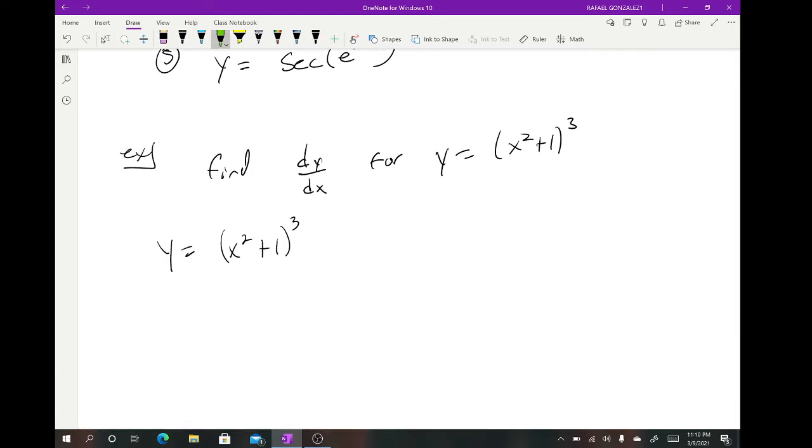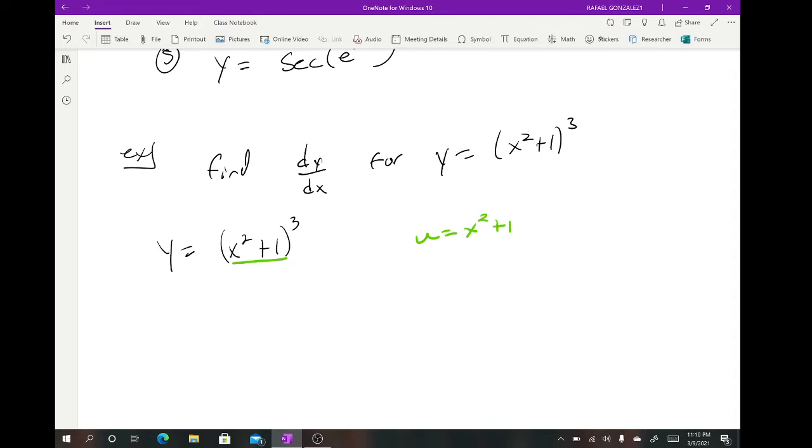So here, I can clearly see that my inner function is going to be x squared plus 1. So u is going to be equal to x squared plus 1. That means that my outer function is going to be equal to u cubed. So I have a cube here.